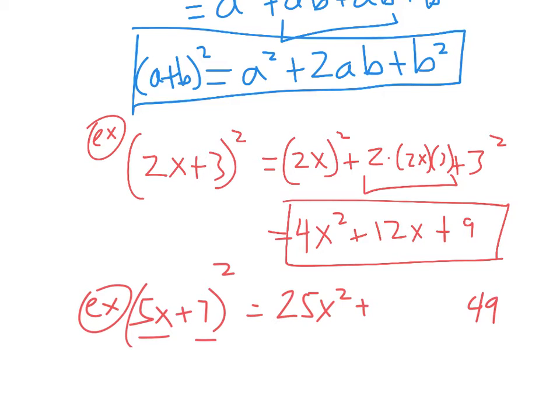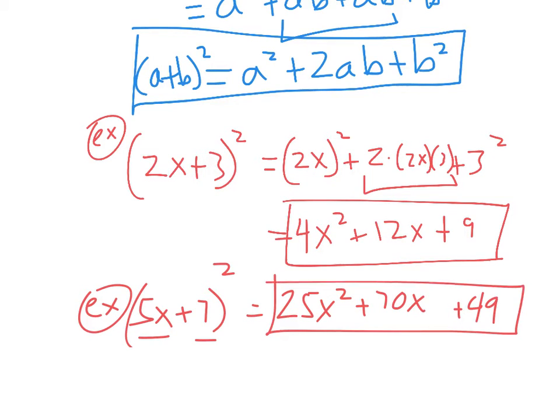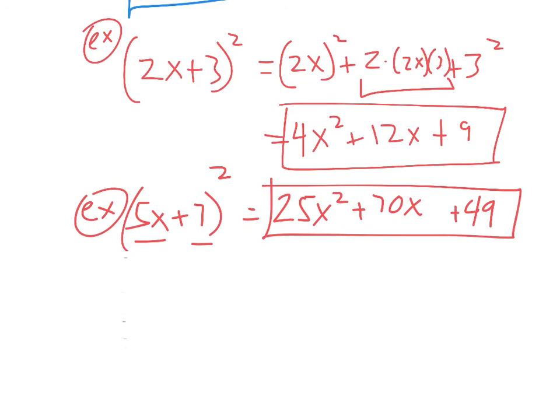Then multiply them. 5 times 7 is 35. And double. Multiply and double. Okay, so 5 times 7 is 35, double, 70x. There it is. So with this, we can square binomials really fast. Okay, and that's pretty handy.